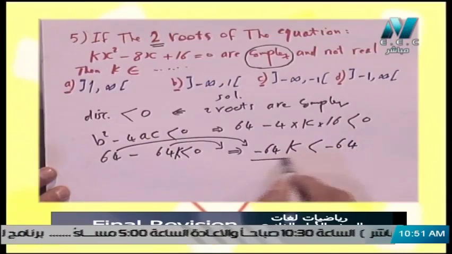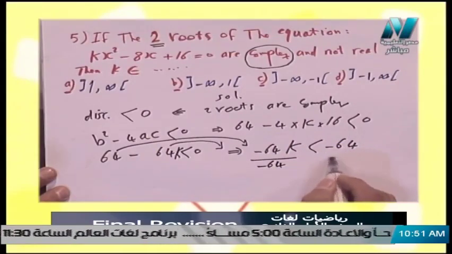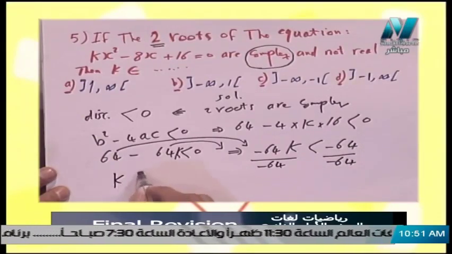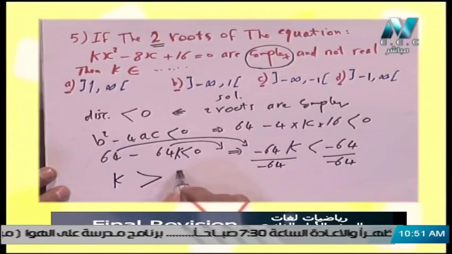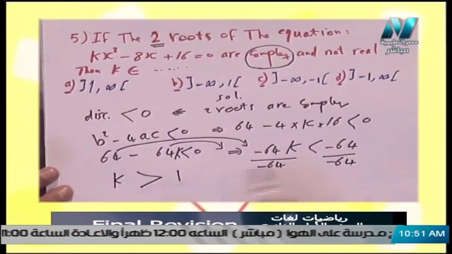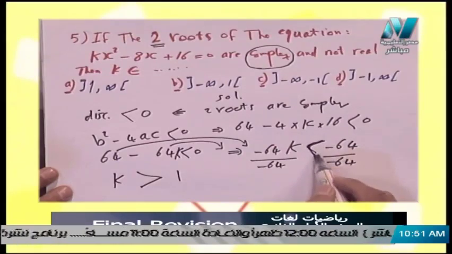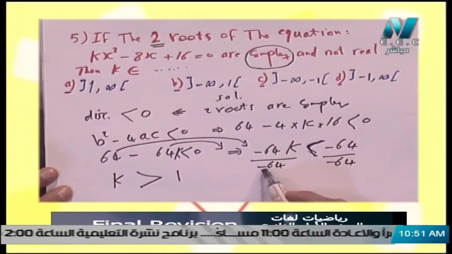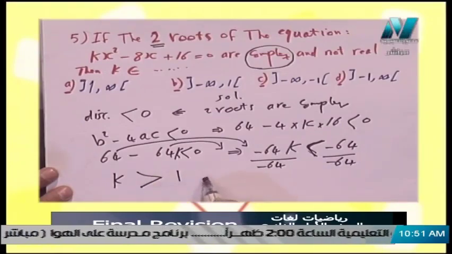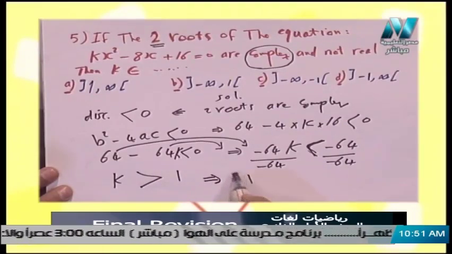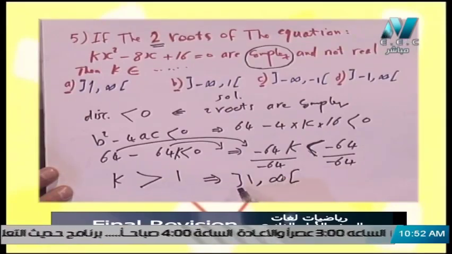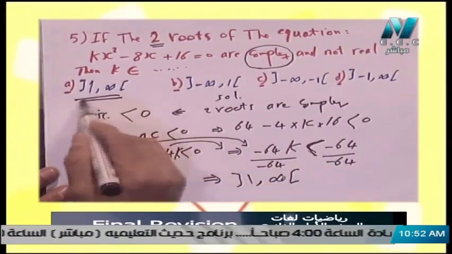By dividing by negative 64 the two sides here, then k will be greater than 1. Okay, notice that smaller when we divide by negative, and negative will be greater. Okay, the interval here will be 1 open and infinity open also. So the answer will be A.